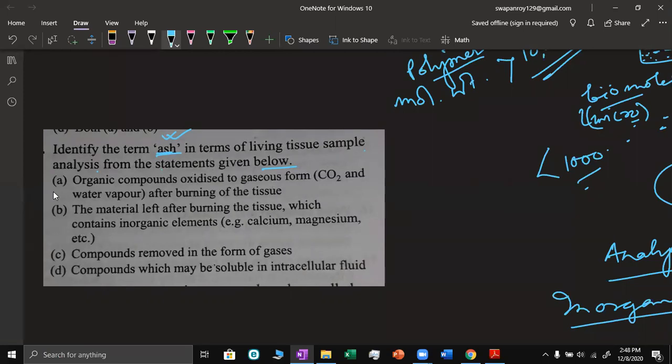These are four options. Which one is the correct definition? Organic compounds oxidize to gaseous form, carbon dioxide and water vapor, after burning the tissue. I think this is the correct one, is it?